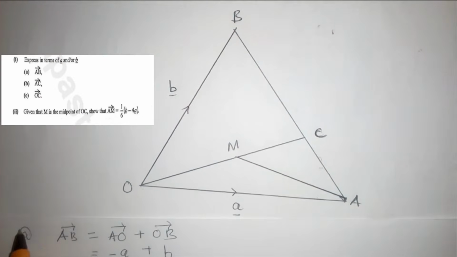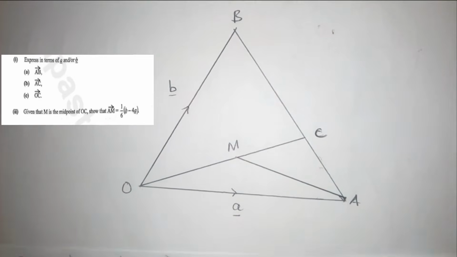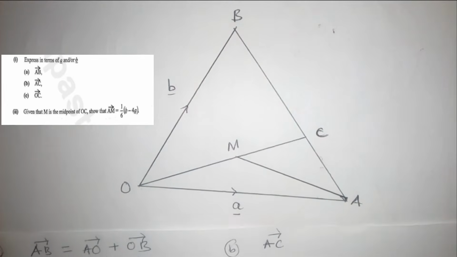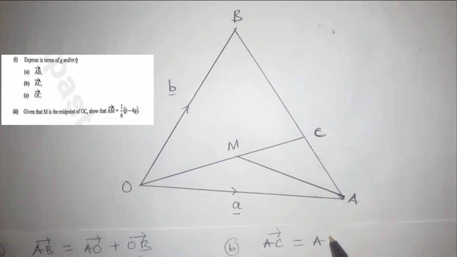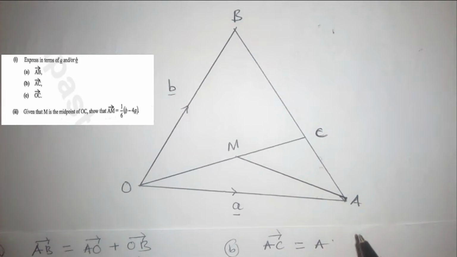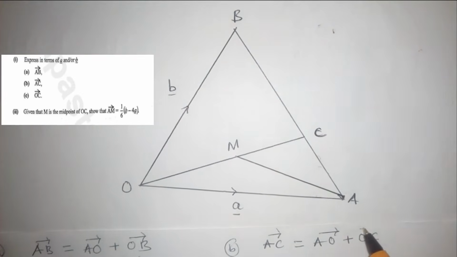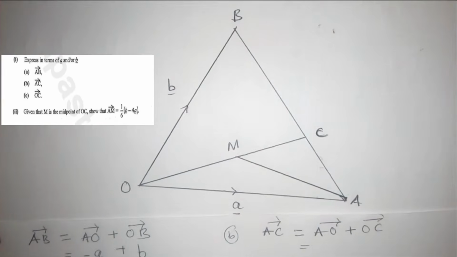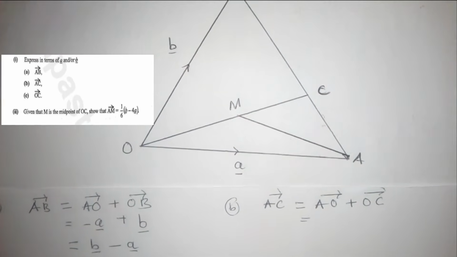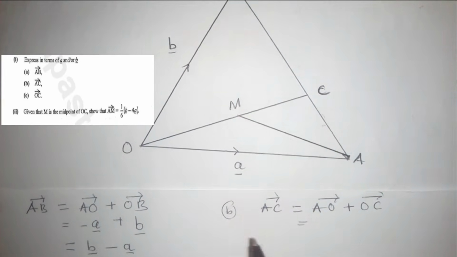We go to B. They want us to express AC. So AC is equal to AO plus OC, vector OC. So what is our AO?